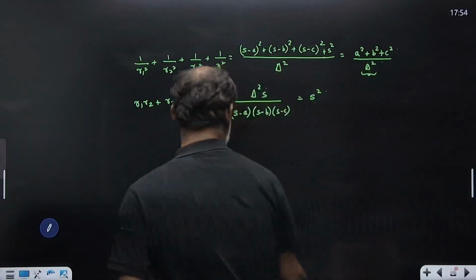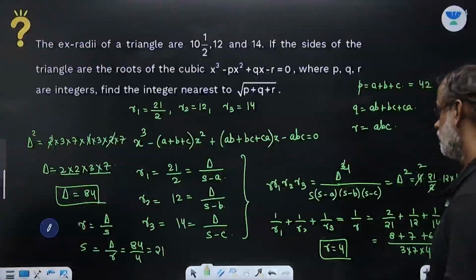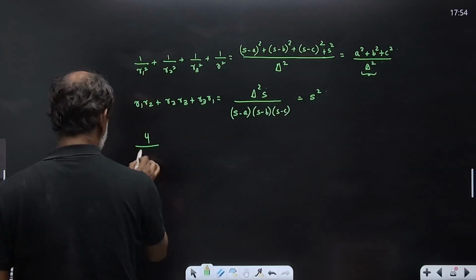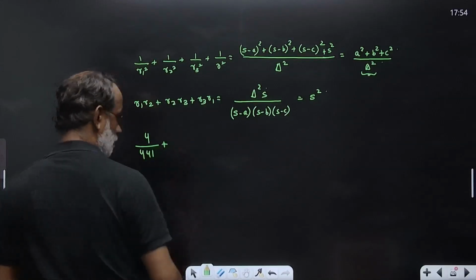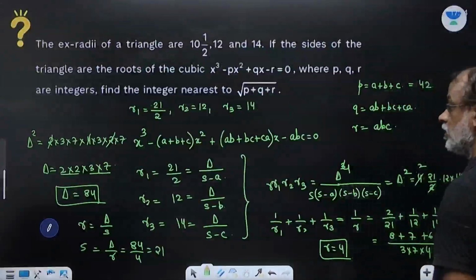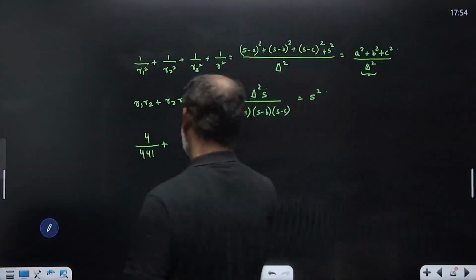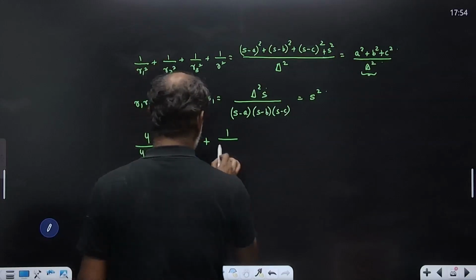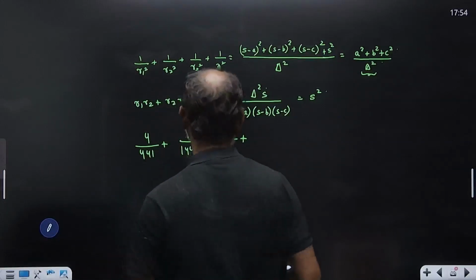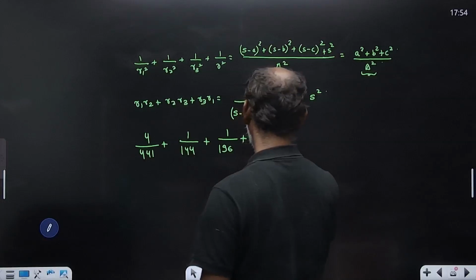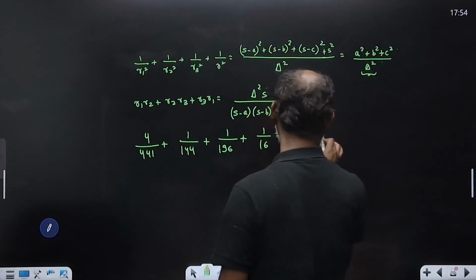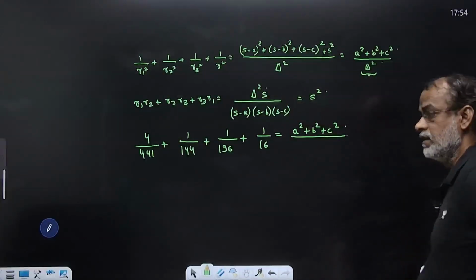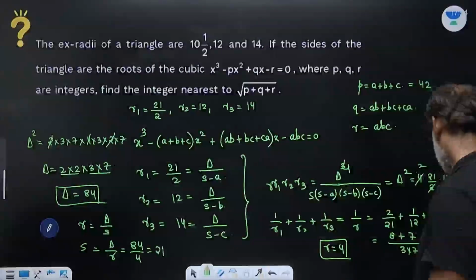So, now let me do the calculation. 1 by R1 square is 4 by 441, okay. 4 by 441 plus 1 by 144, 14 is 196, plus 1 by 16, delta square is 84, okay. Delta I think is 84, so 84 into 84.